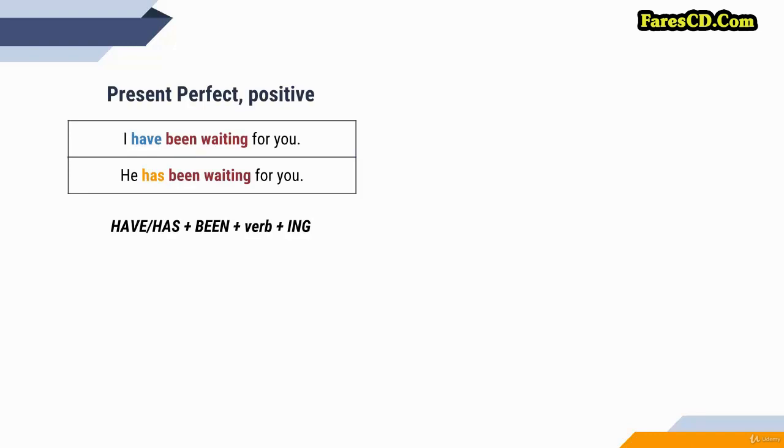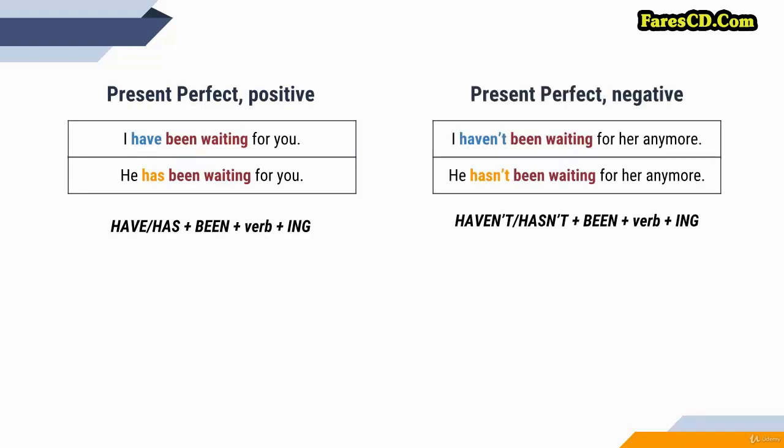Of course, there are negatives and questions. To form a negative sentence, you need to add not to the auxiliary. I haven't, he hasn't. I haven't been waiting. He hasn't been waiting.